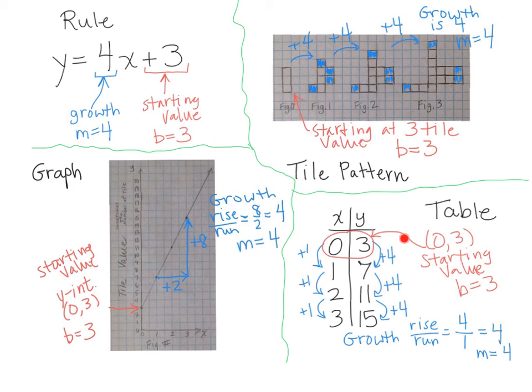On the table, I looked at where x is 0 and what the corresponding y value is, so the point (0, 3), indicating my starting value is 3. Sometimes in the table the starting value is not already there, and you might have to work forwards or backwards to find that value, but in this case they were all present. So this is my final picture showing where I look and what I do with the information to find the growth and starting value in each of the 4 representations individually.